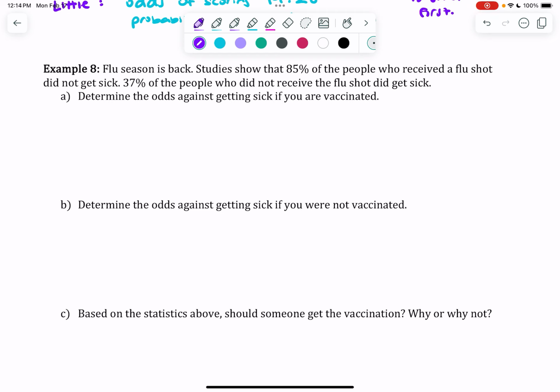Taking a look at things like this, those two percentages are not the same. The first one, the 85, represents the percentage of people who did not get sick, where the 37% represents the percentage of people who did get sick. So it's important that we take some time and really clearly read what's going on here, because we can't assume that the data values provided are the same.